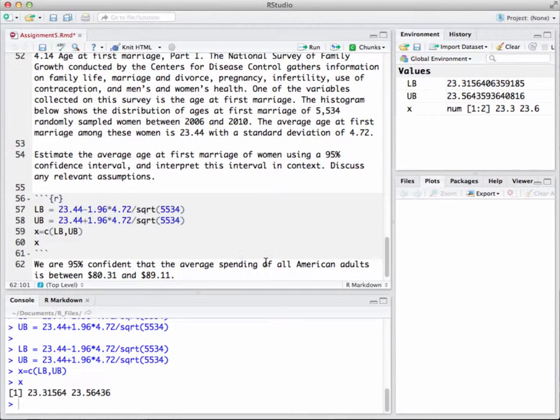We are 95% confident that the average age of first marriage of females in the US is between, and then you can drop in your two numbers right here.